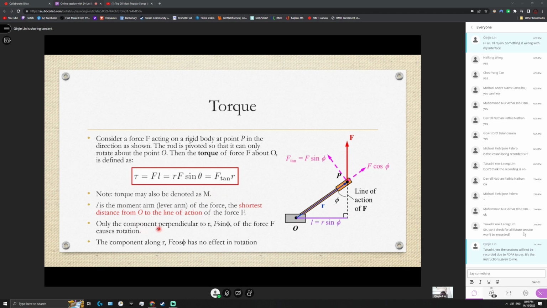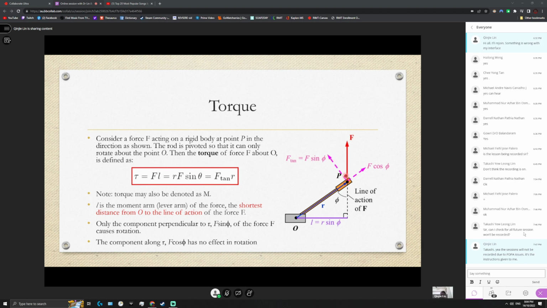Only the component perpendicular to R of the force causes rotation. This is another way to see it. Just now we see it as F times perpendicular distance, but you can also see it as this F. If you resolve into F sine phi and F cosine phi, only this F sine phi component causes the rotation.